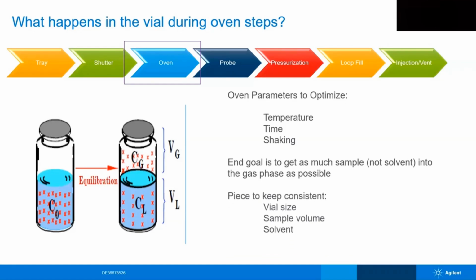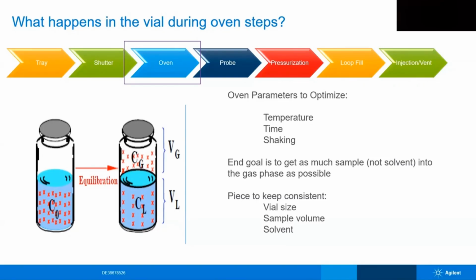Once our vial moves into the oven, we can set a timer on how long that equilibration needs to be optimal. So what we're going to consider with those parameters: we need an optimal temperature, so we need our oven to sit at an isothermal temperature that is adequate to drive this equilibration.